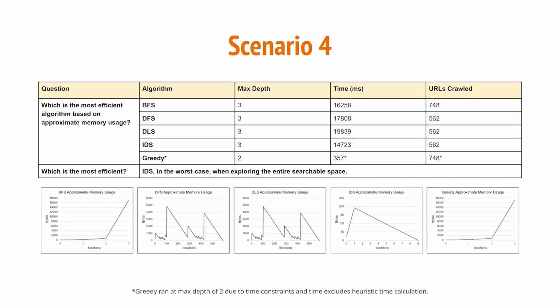In scenario 4, we asked which algorithm is most efficient based on approximate memory usage. After running experiments to measure approximate memory usage, we identified that iterative depth search in the worst case had the best performance.